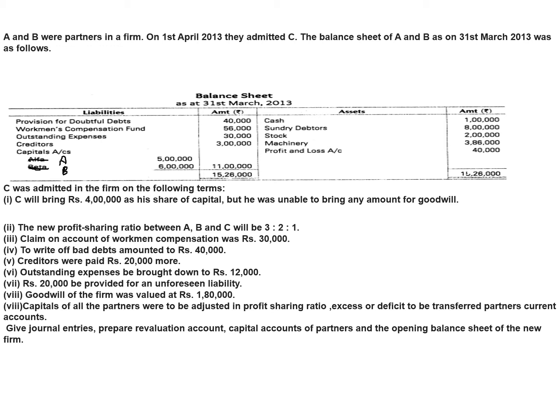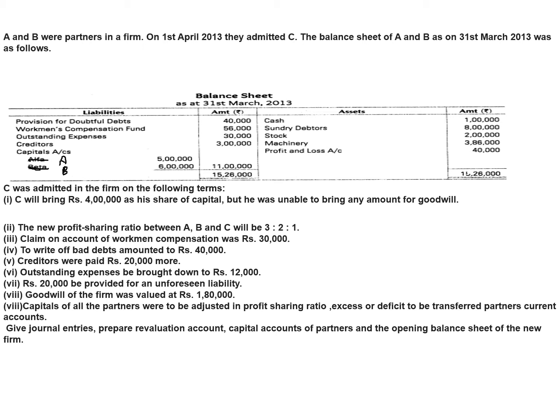Claim on account of workman compensation 30,000. We have provided for workman compensation 56,000, but the actual claim has been 30,000. It means there is a gain of rupees 26,000. That is what the entry would be.